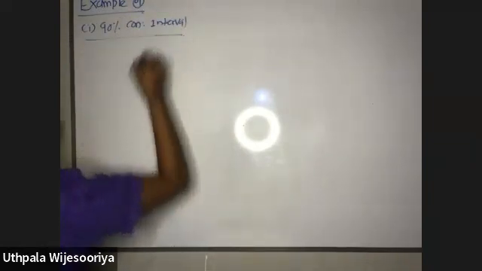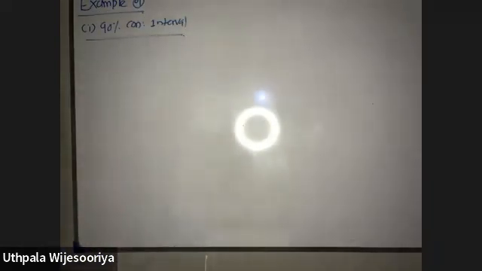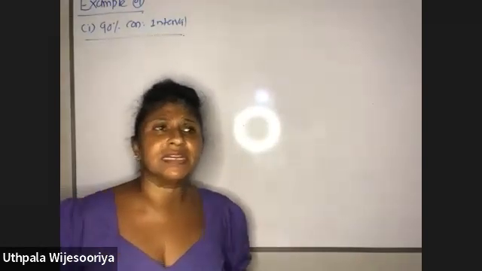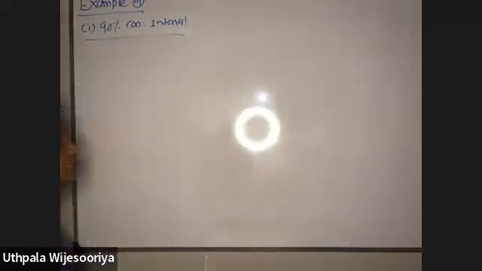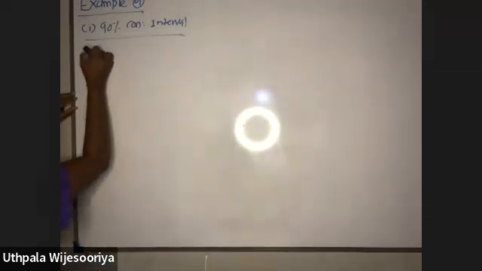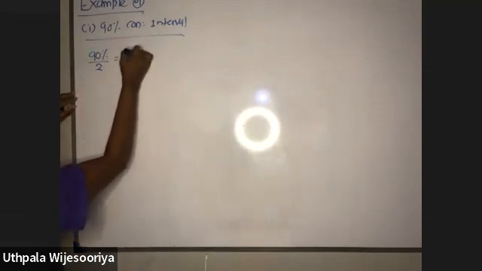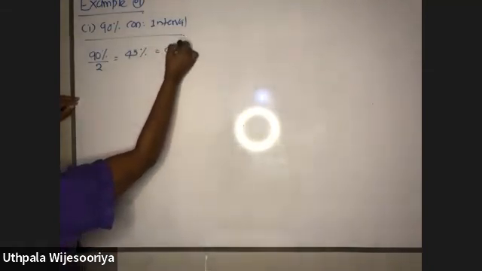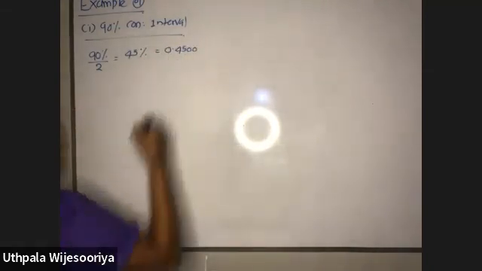If any percentage is given, in the case of a normal distribution, divide that percentage by 2. 90% divided by 2 is 45%. Then convert it to a decimal: 0.4500.